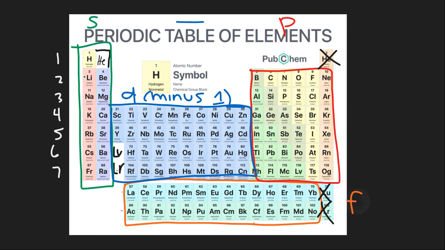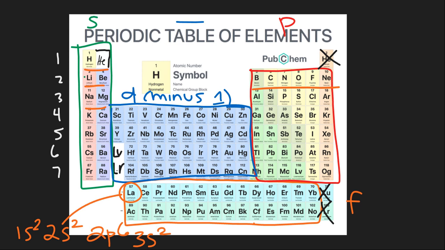This bottom section here, this is the f. So if we take something like lanthanum here, we would go 1s2, 2s2, we have the 2p6. We have the 3s2. Here we have the 3p6. Over here we have the 4s2.